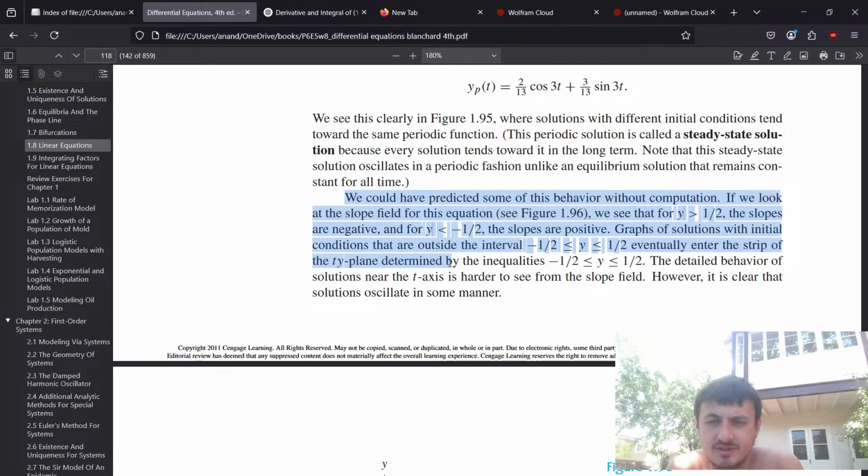We could have predicted some of this behavior without computation. If we look at the slope field for this equation, we see that for y greater than a half, the slopes are negative, and for y less than 1/2, the slopes are positive.